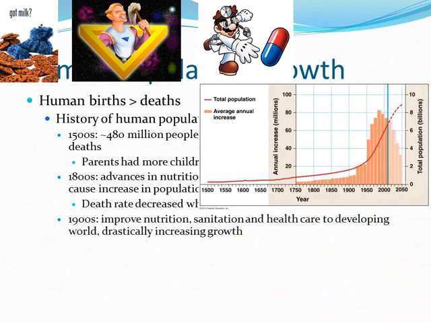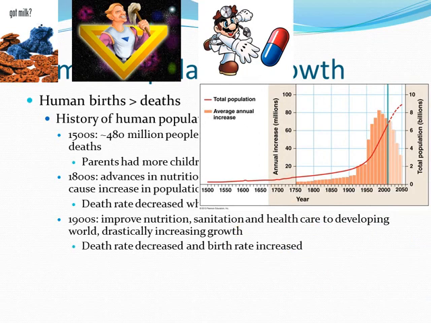In the 1900s, notice how the population increase is now drastically gaining more and more. This is because of improvements with what we just talked about: nutrition, sanitation, and healthcare. Okay, and not only in the developed countries, but also in developing countries as well, these third world countries where they are getting improved nutrition, sanitation, and healthcare.